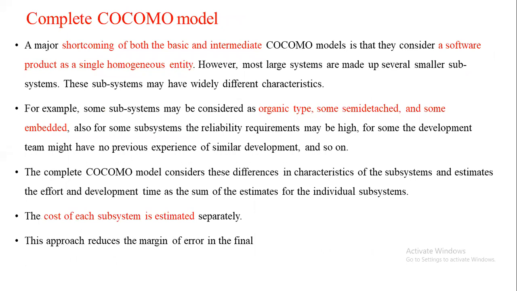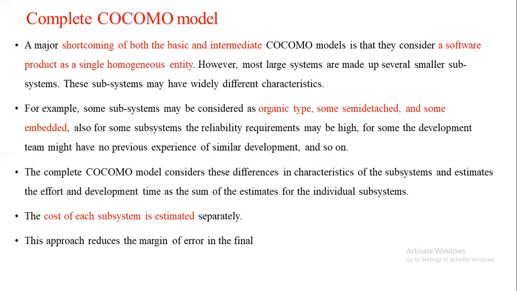In basic and intermediate, we estimate the effort and development time for the entire project, for the system as a whole. So there may be a chance that we cannot get a more accurate estimation. Instead, we can split the project into modules, and for each module, we can calculate how much time it will take for development and how many persons are required for developing that particular module.